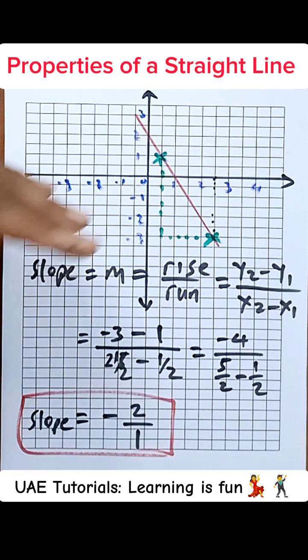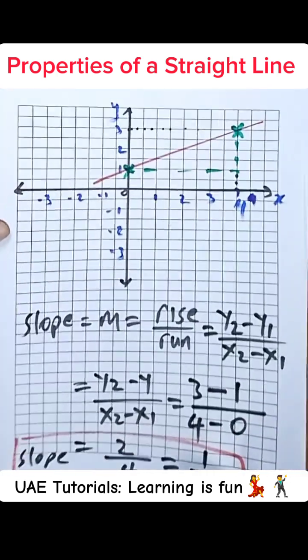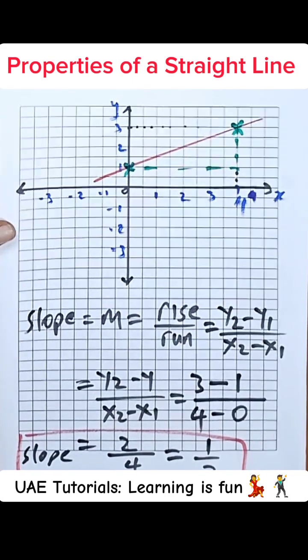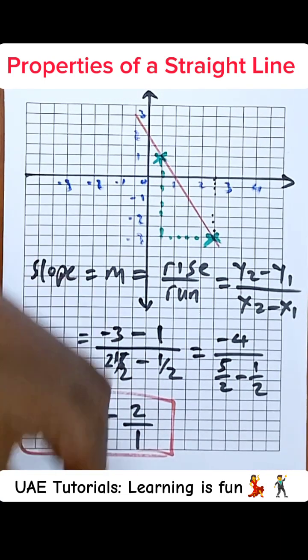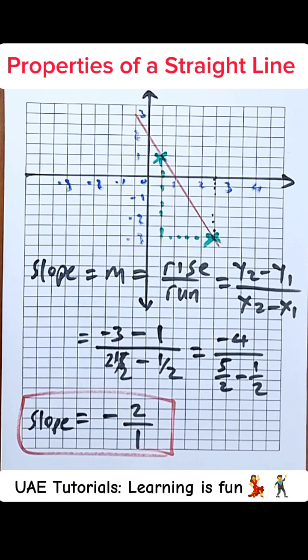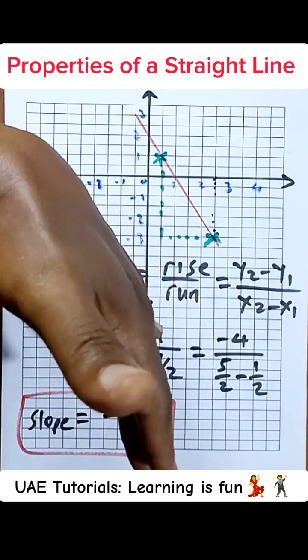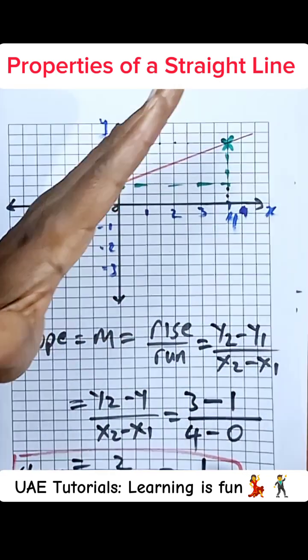We have seen that in our first graph, the slope was 1 over 2, while in the second graph, the slope is minus 2 over 1. So similar results, but that negative there tells you that the direction of this line is curving downwards, while the direction of the first graph is curving upwards.